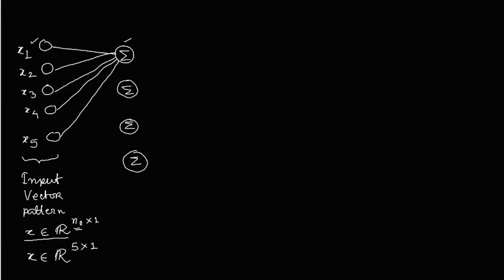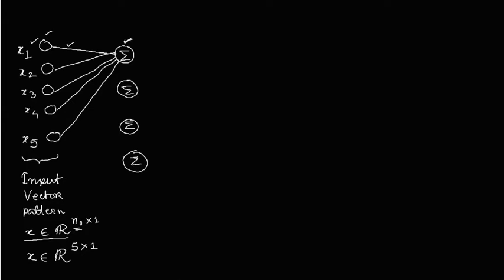That is known as a weight, and these weights are represented with the first index being the index of this hidden node, and the second index being the index of this input node.